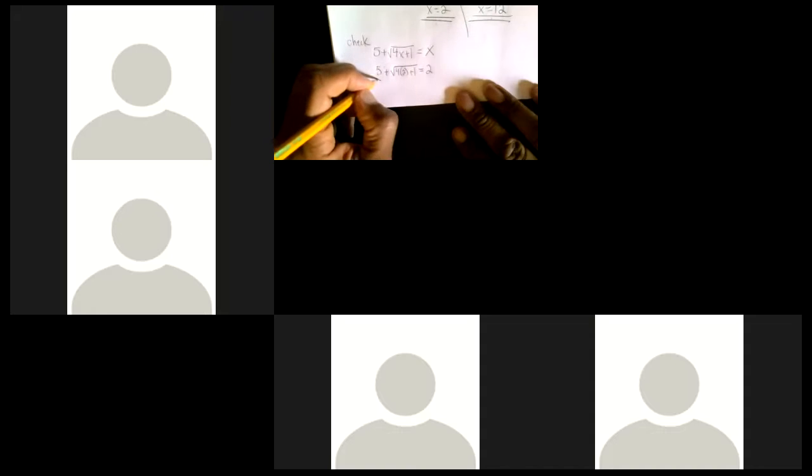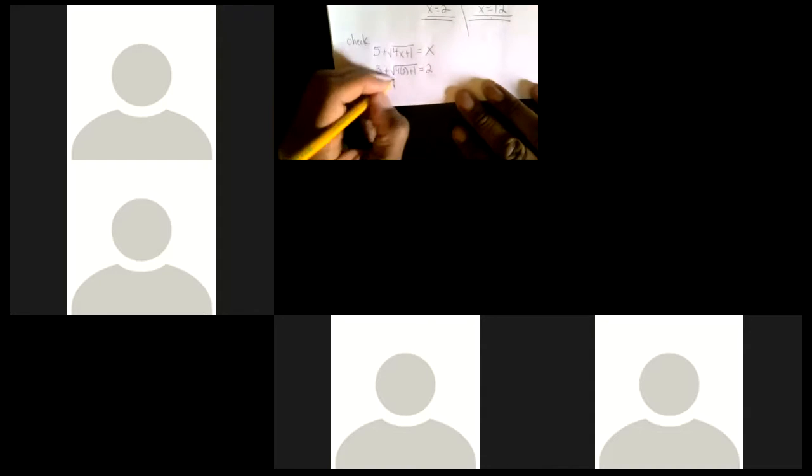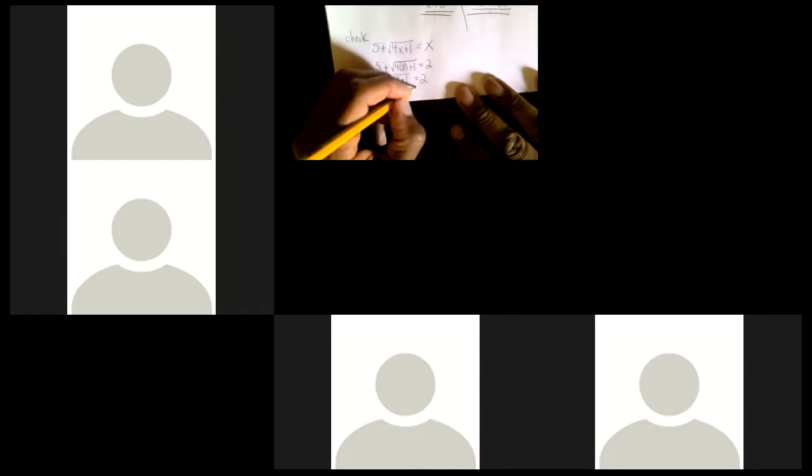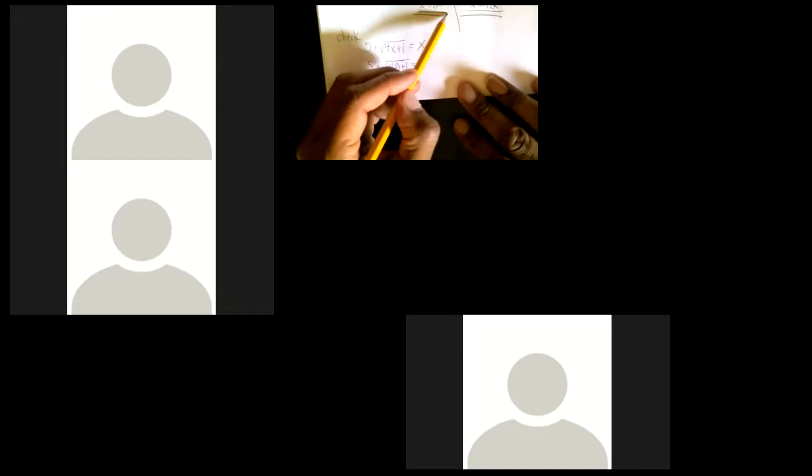No. This is 8 plus 1, so that is 5 plus square root of 9. Does that equal 2? It does not, because 5 plus 3 does not equal 2. This means the 2 does not check.